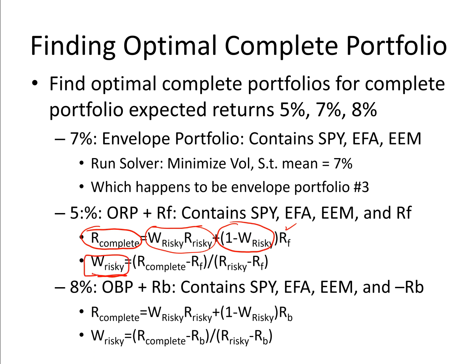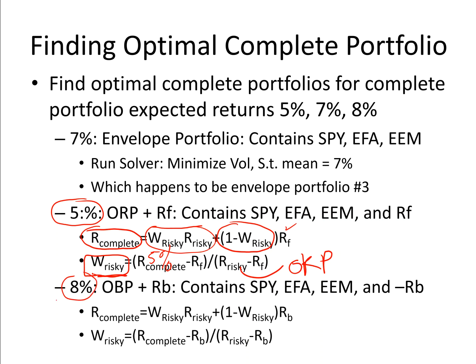The optimal weight is going to be my 5% complete portfolio desire minus RF over the return of the optimal risky portfolio minus RF. And again, I know it's the optimal risky portfolio and not the optimal borrowing portfolio because 5 is less than the expected return of the optimal risky portfolio.